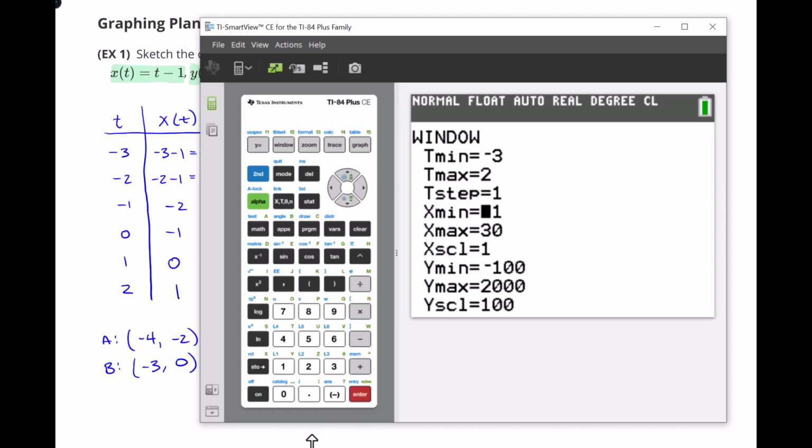So we did a step of integers, so we did a step of 1. But by default, the calculator tends to do more points than we do, so let's set it to 0.1. That's usually pretty safe. You don't want to set it too high because even though that will produce a better looking graph, it will take longer to produce that graph. So it's sort of a trade-off.